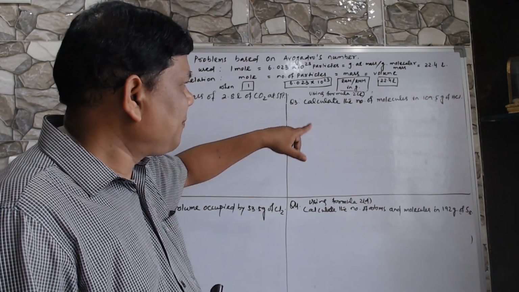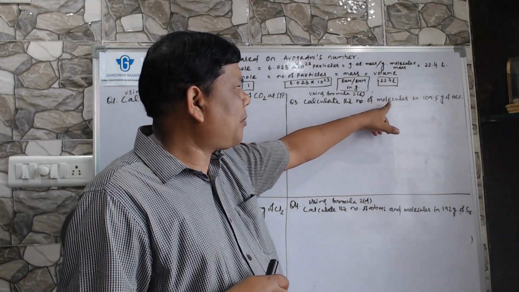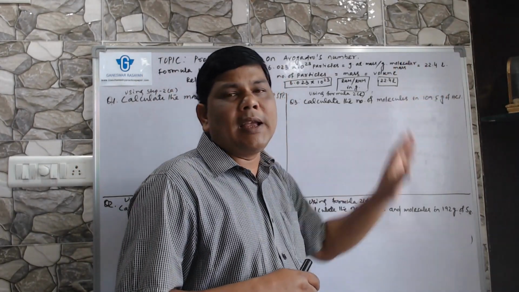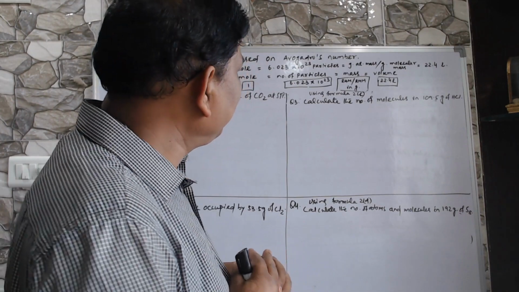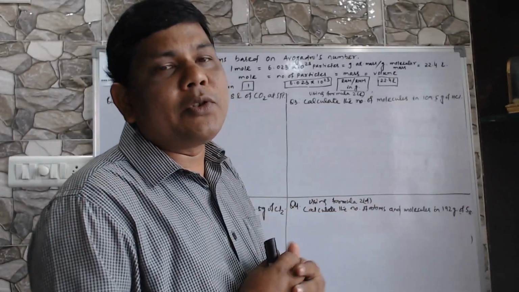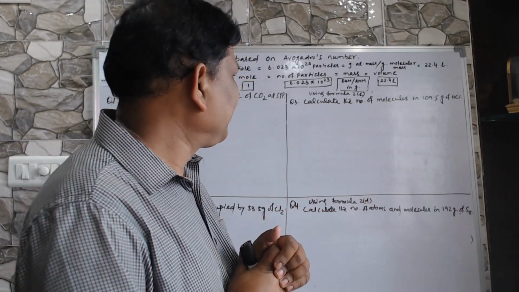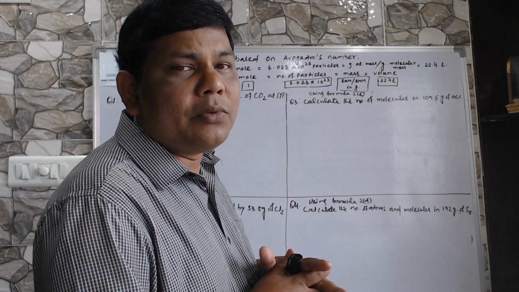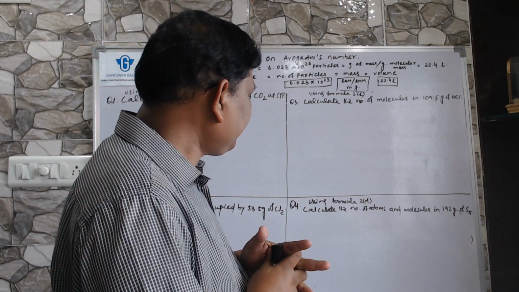Question number 3: calculate the number of molecules in 109.5 gram of HCl, hydrogen chloride, using formula 2C, number of particles. That is the number of moles calculated in step 1 into Avogadro's number.